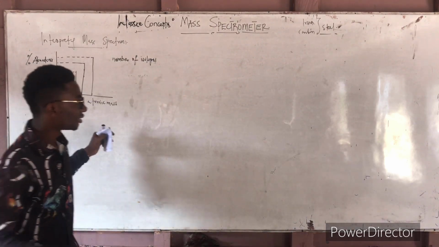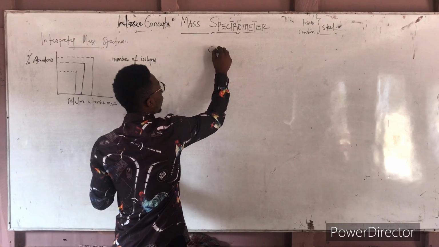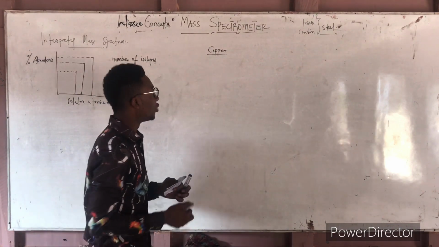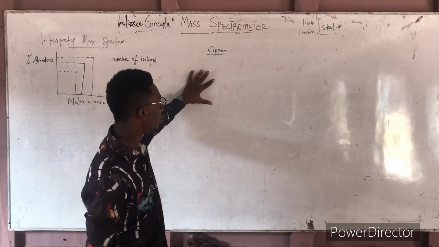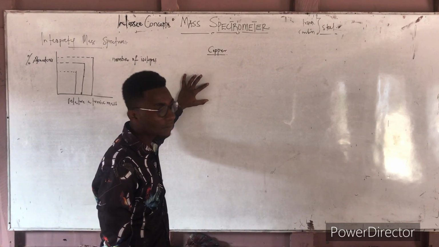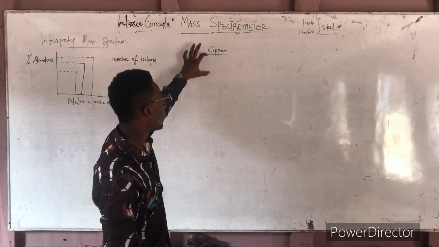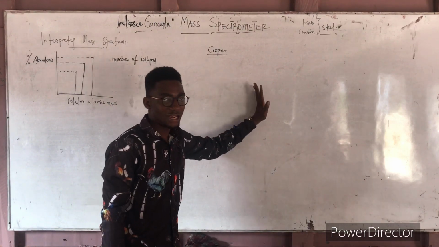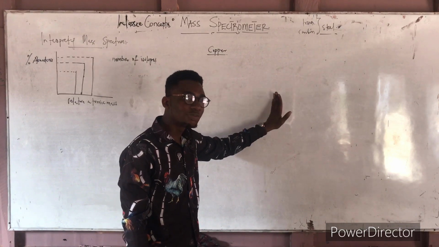For instance, if you have copper as your sample, you put it into the vaporization chamber, which changes the copper into a gaseous state. It goes into the ionization chamber, and is attracted and accelerated by the electric plate.